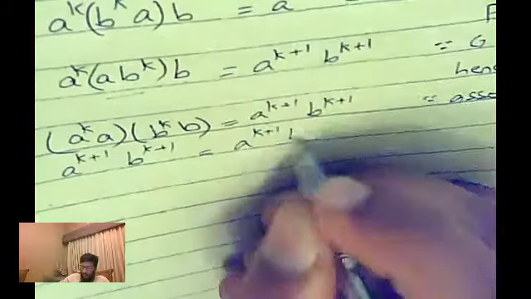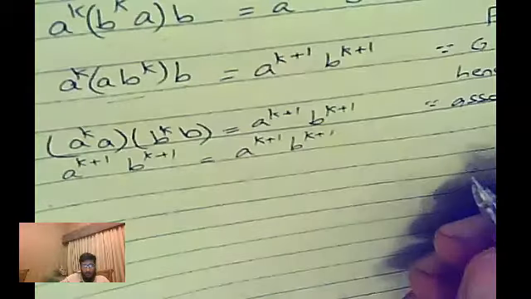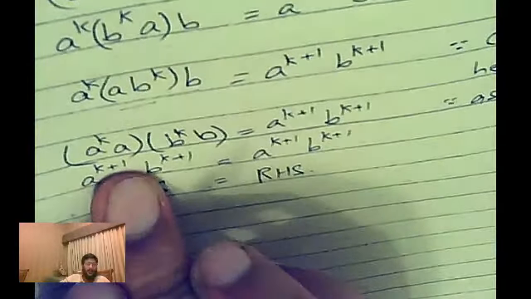And we can write this as A^(k+1) B^(k+1) equals A^(k+1) B^(k+1). Cool. LHS equals RHS. Now, the result did hold true for k plus 1.